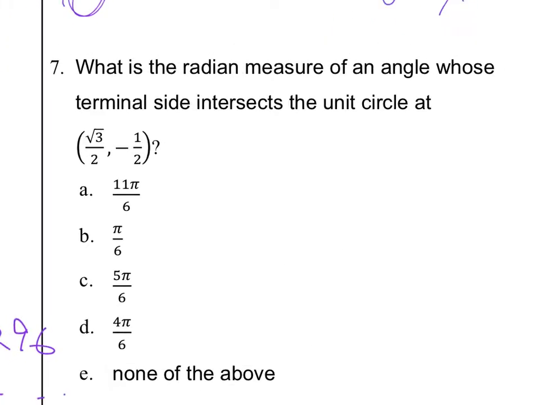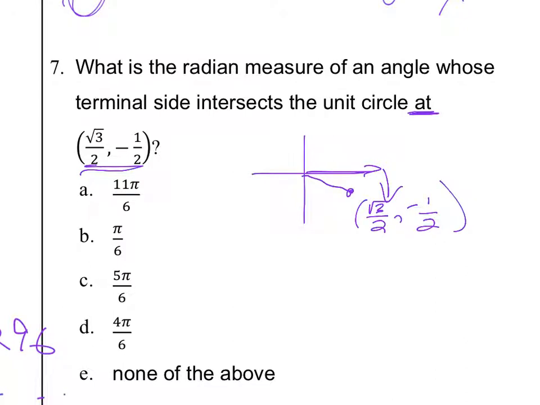What is the radian measure of an angle whose terminal side intersects the unit circle at this point? Well, first off, we're going to estimate where this point exists. It's a positive x, which is this direction, and a negative y, which is that direction. So I'm down here.